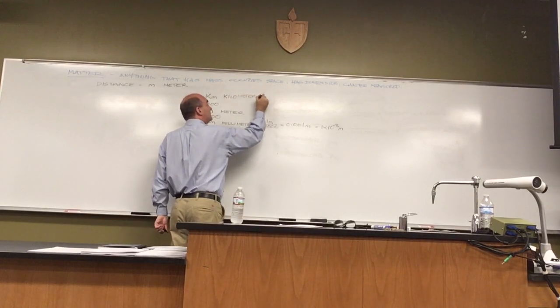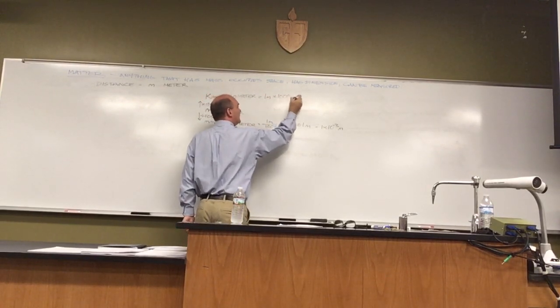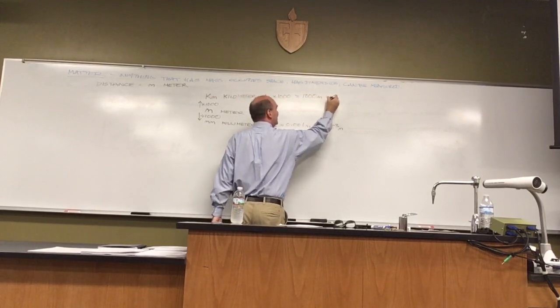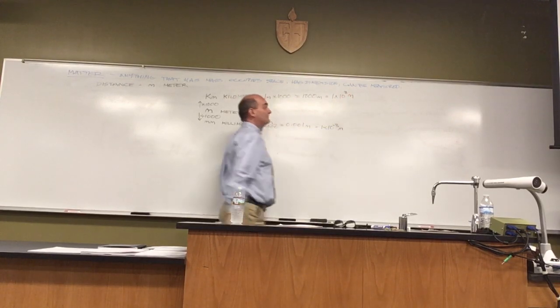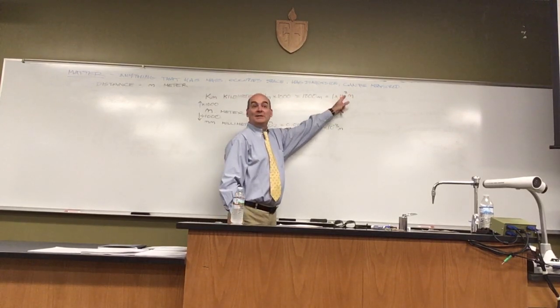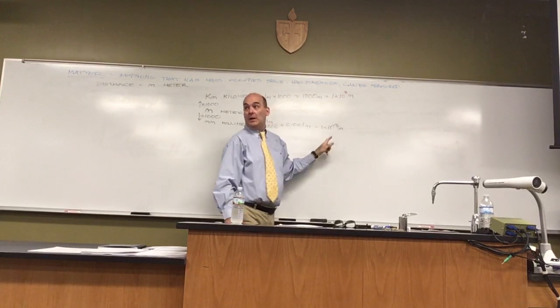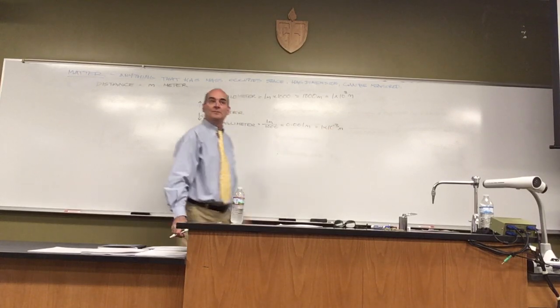So that is 1 meter times 1,000, which is 1,000 meters, which is 1 times 10 to the 3. When the number gets bigger, the exponent up there is positive. When the number gets smaller, the exponent there gets negative.